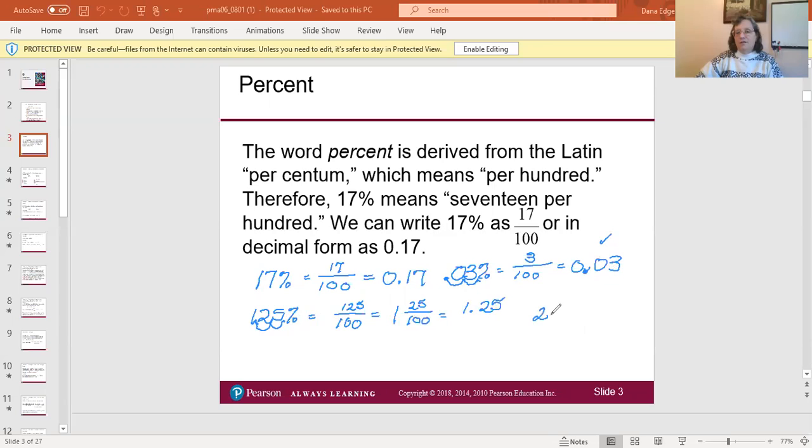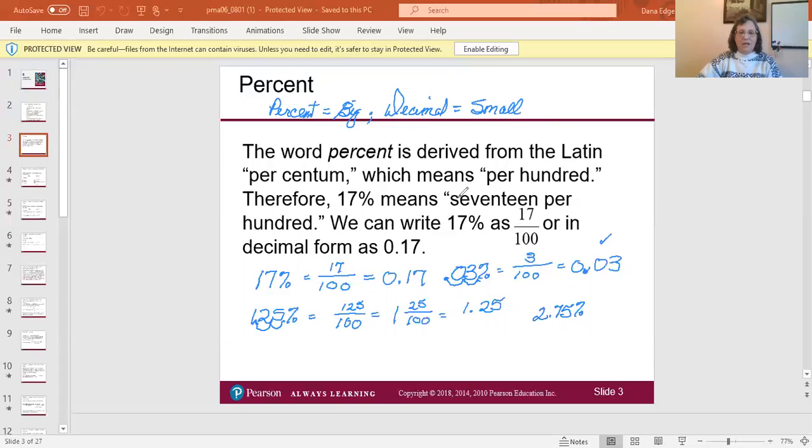If you had 2.75% and you want to change it to a decimal, don't let the fact that this has 2 decimal places already throw you. The percent is always the big version. The decimal is always the small version of the number.